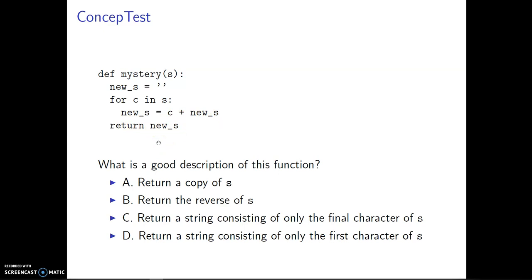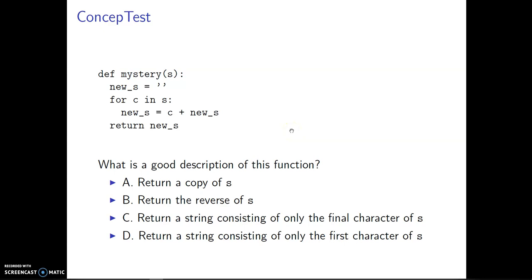So make a prediction. What's a good description of this function? Is it going to just return S? Or will it return the reverse of S? Think about what's going to happen as it loops. So the first value, say it's "my name is Amy," the first value would be M. It gets saved in new S. Then it starts looping through with the Y. What's going to happen here?